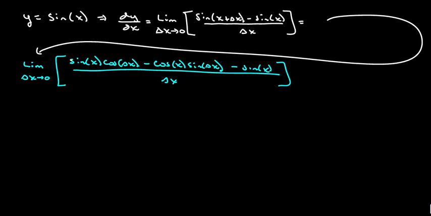Now this guy right here is this guy right here, using my difference of sine for the angles. Remember, you can't just distribute sine in here because it's a function. It doesn't work like that.